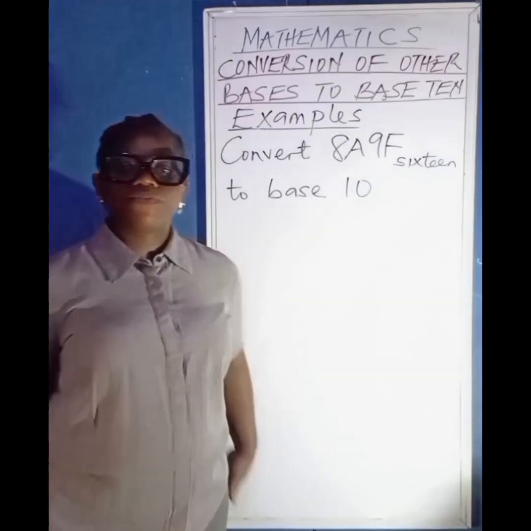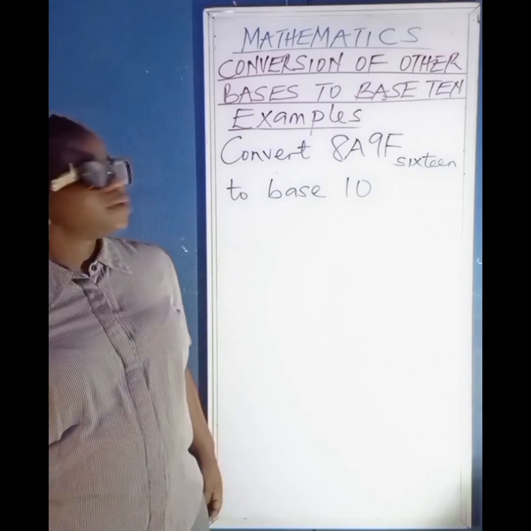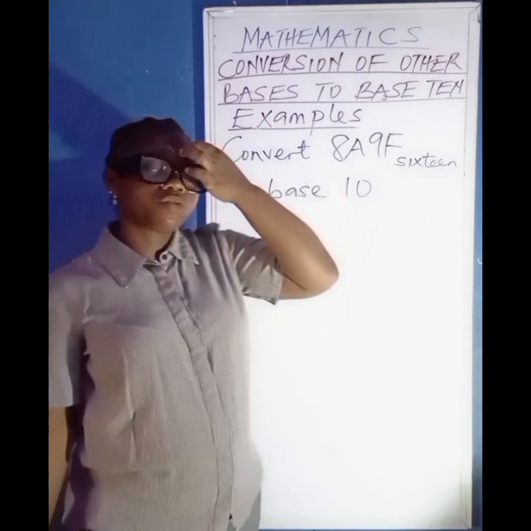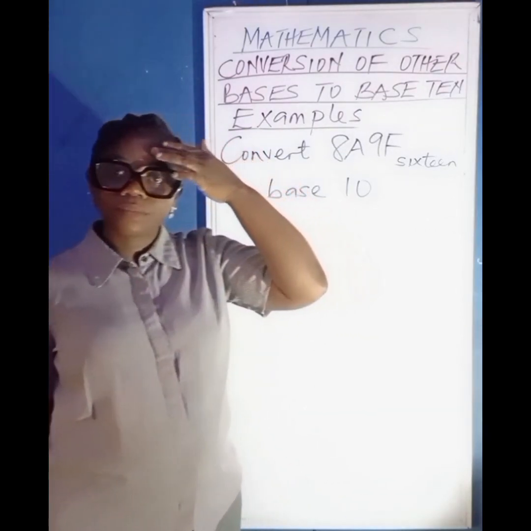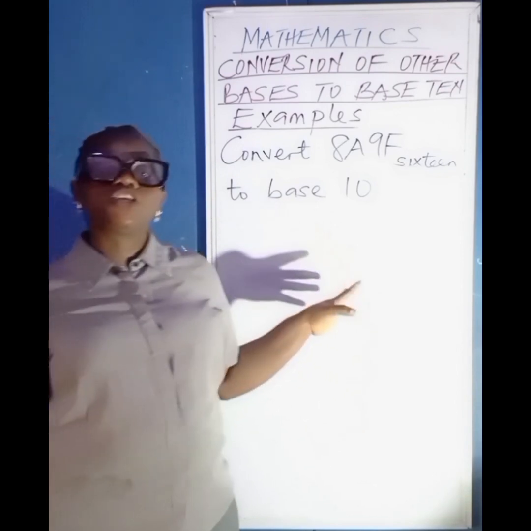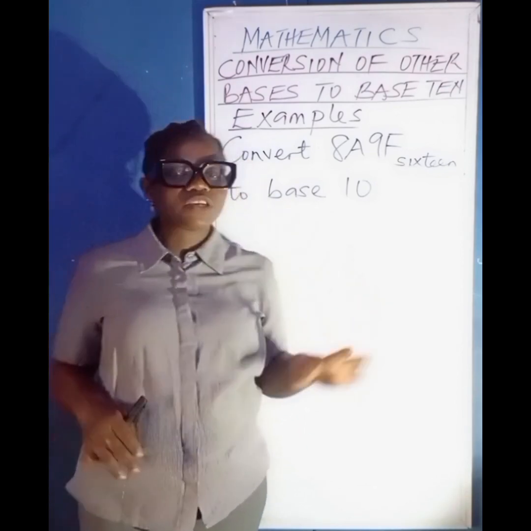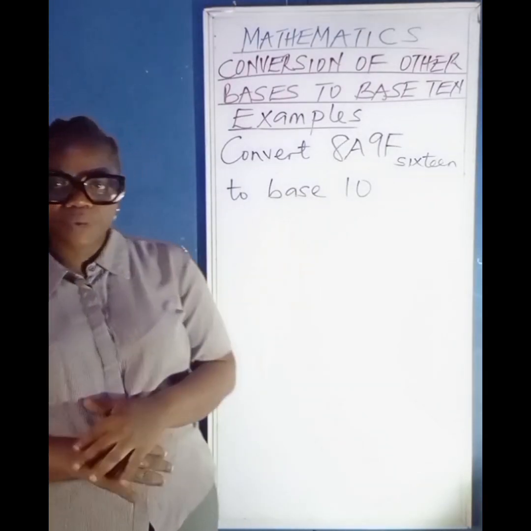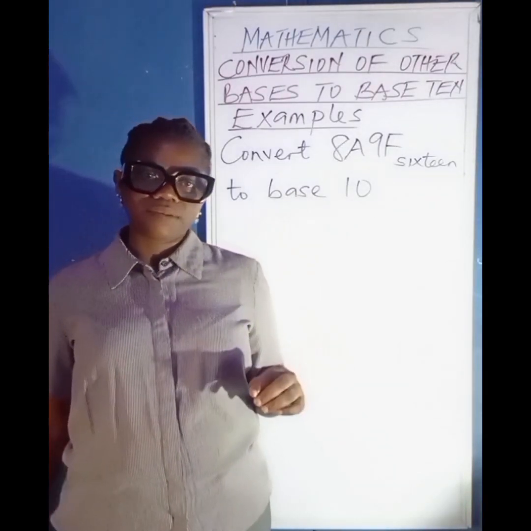Now let us take an example in bases higher than base 10. 8A9F in base 16 is to be converted to a number in base 10. Like I said earlier, if you have not watched my first lesson, Introduction to Number Bases, please go and do that.